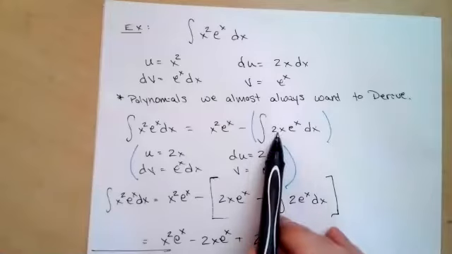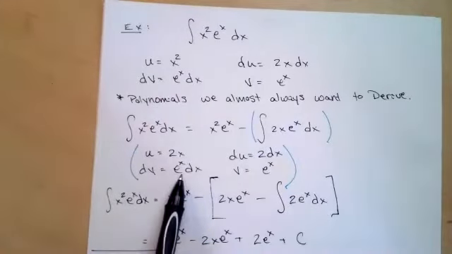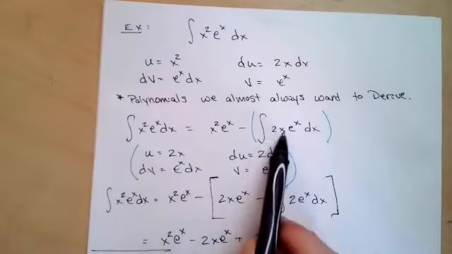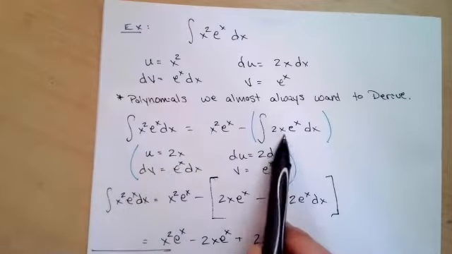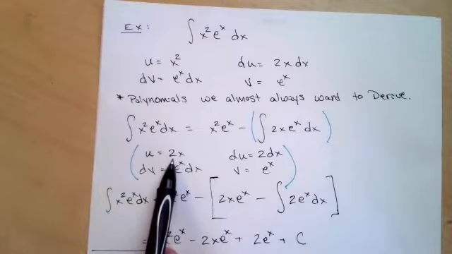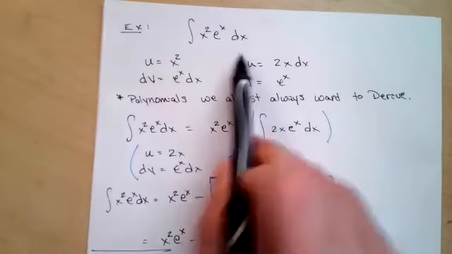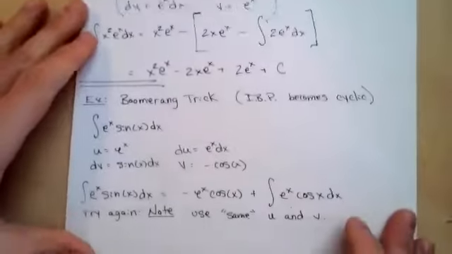If I would have chosen this 2x as my dv, instead of having my u as my polynomial, if I would have made dv as my 2x and then my u as e to the x here, it would take us backwards and get us back to the previous step. So we don't want to go backwards. Even if it doesn't look like it's getting simpler, you don't want to go backwards.